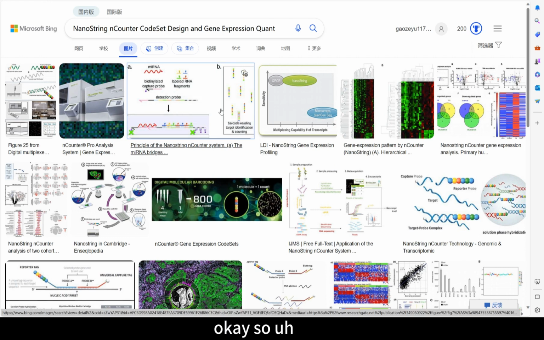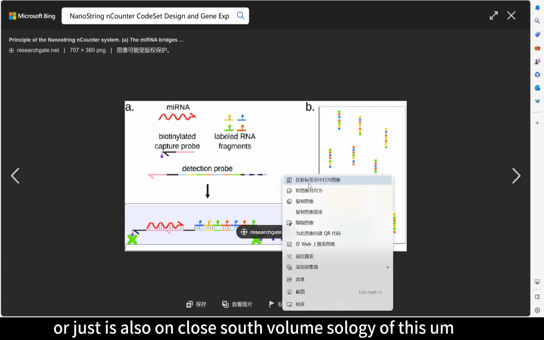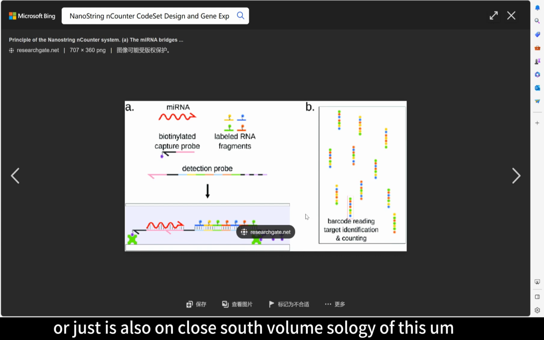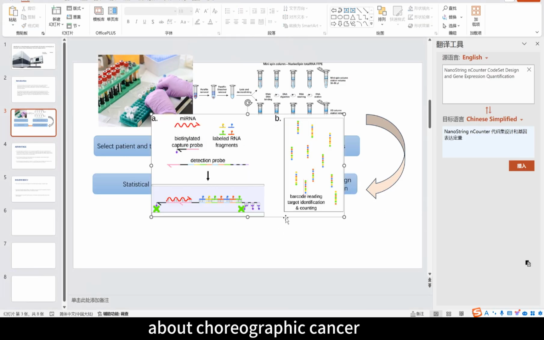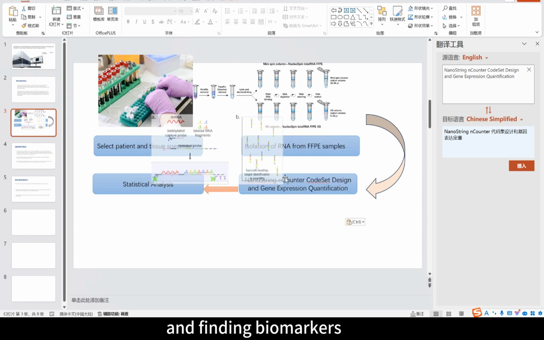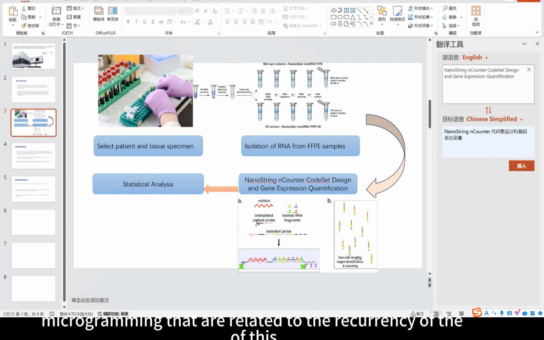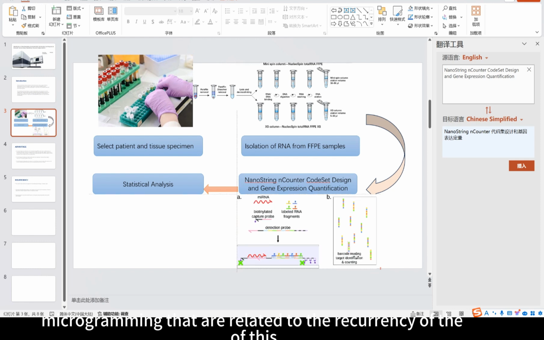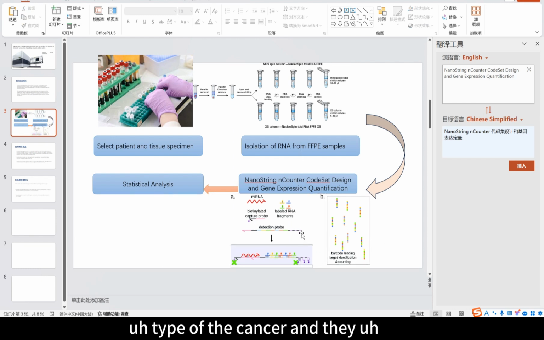Okay. So my content is going to be background, objective, outcome, and a flowchart about the methodology of this method. My background is about colorectal cancer and finding biomarkers, microRNA, related to the recurrence and lymph node metastasis of this type of cancer.